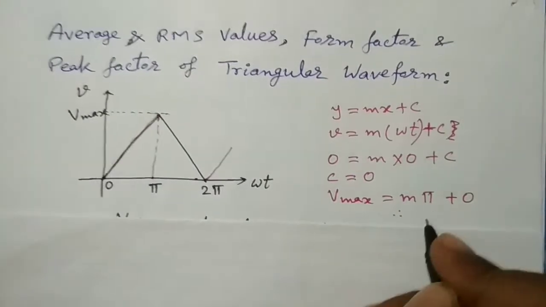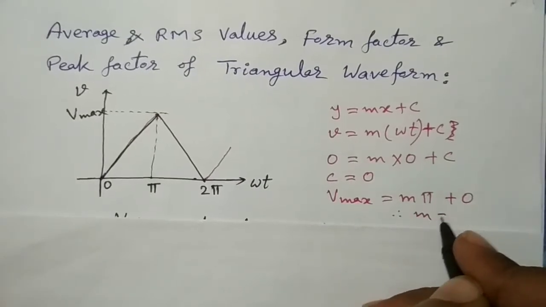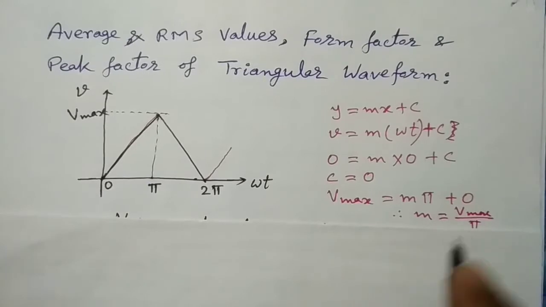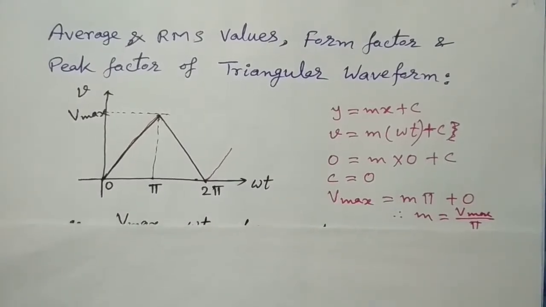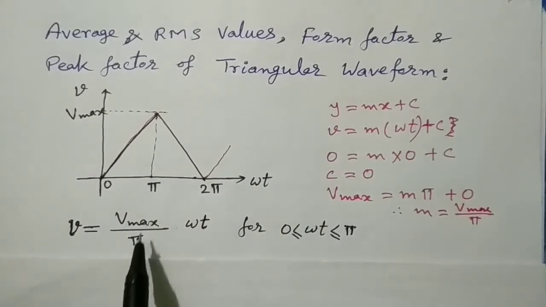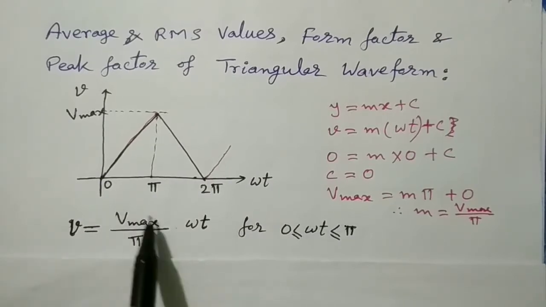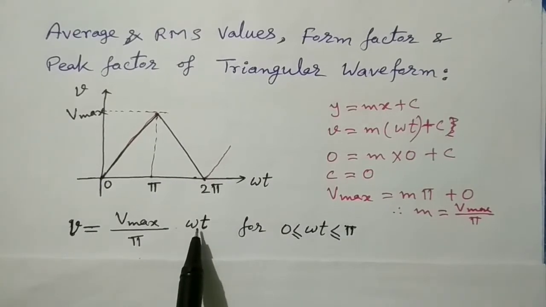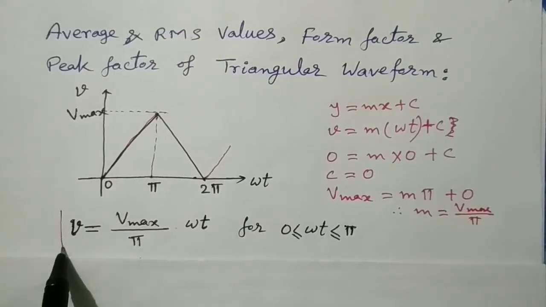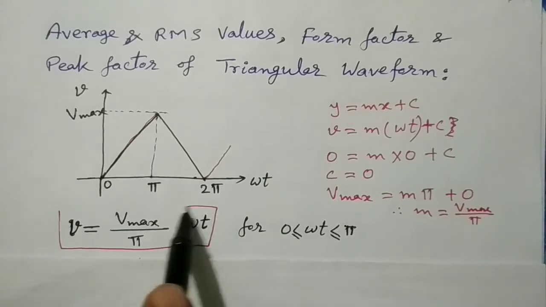So the slope m can be written as v max upon pi. Therefore, the expression of the instantaneous voltage can be written as v equal to v max upon pi, this is the slope, into omega t, and this is for the range 0 to pi. So this is our expression of the instantaneous voltage.